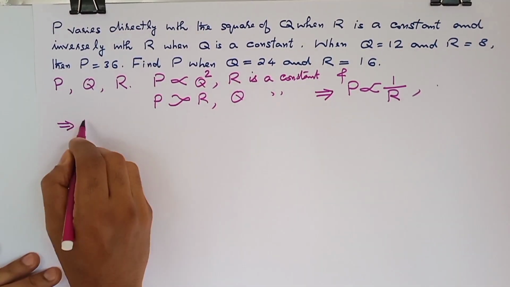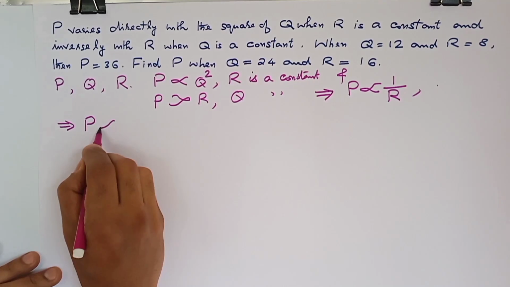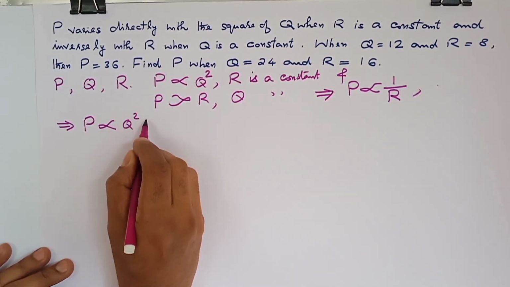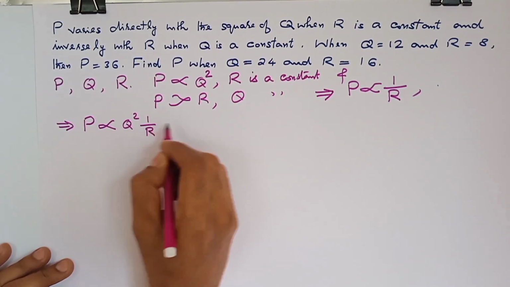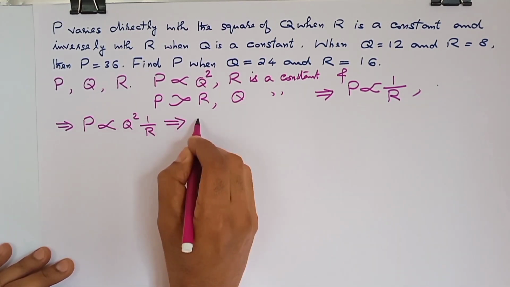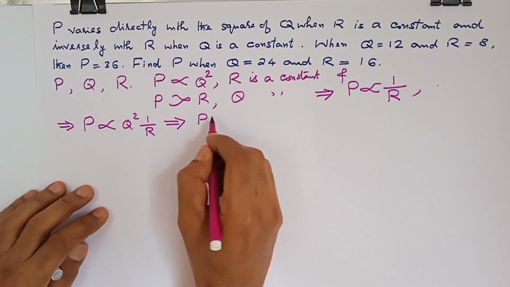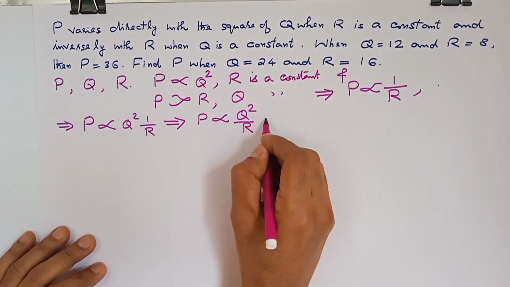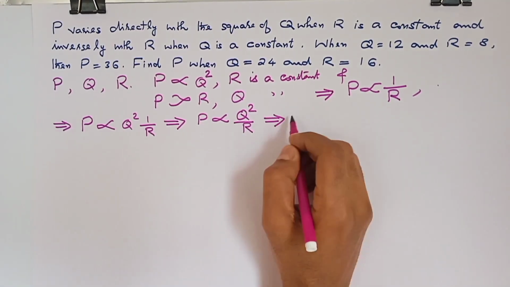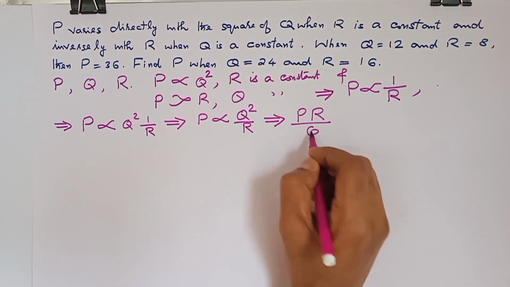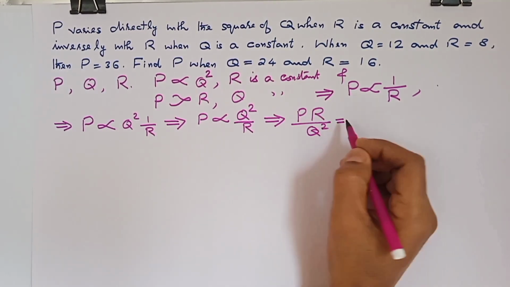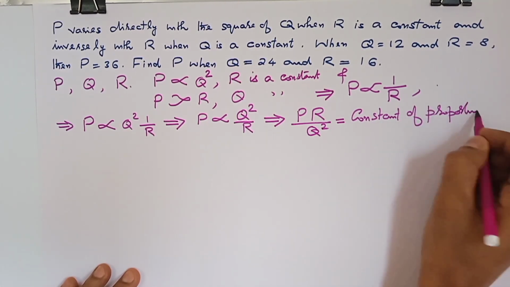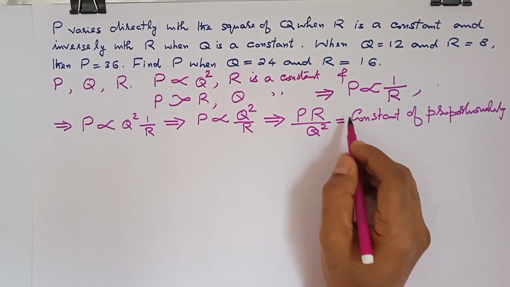Combining these two in joint variation, we have seen that P will be directly proportional to the product of Q square and 1 by R, which means what? P into R by Q square, if you want, you can write K here.